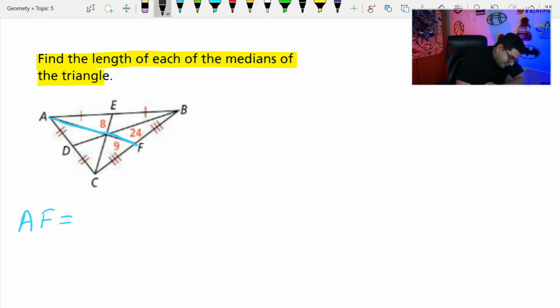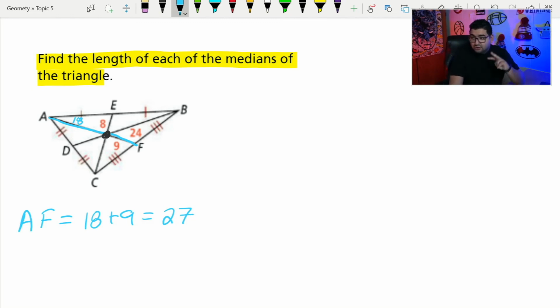Well, if this is the centroid, which it is because that's where the medians are crossing each other, then I know that this piece has to be twice as much as that shorter piece. So if the short piece is 9, we double 9, we get 18. I know that this longer piece is 18, meaning that AF is 18 plus 9, which equals 27.